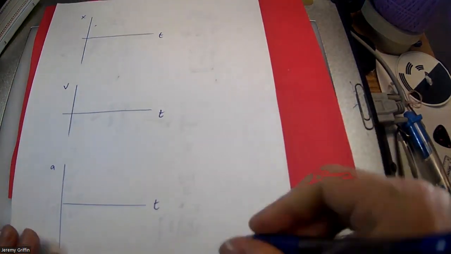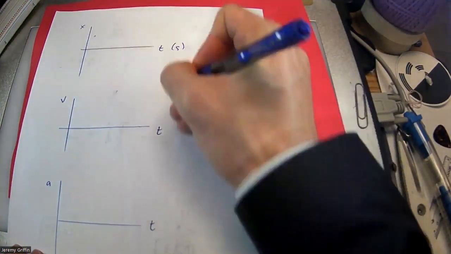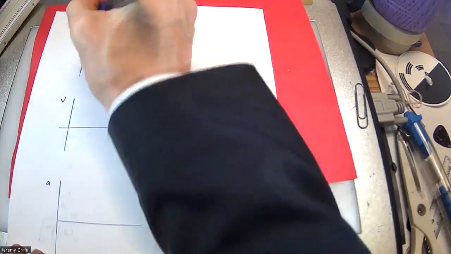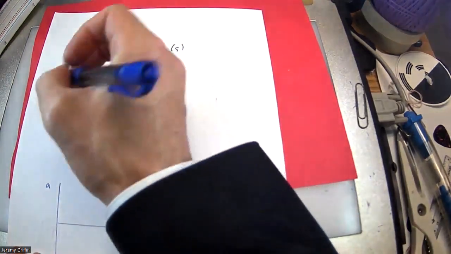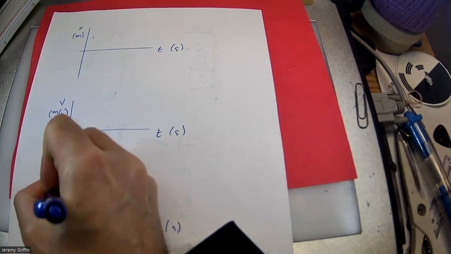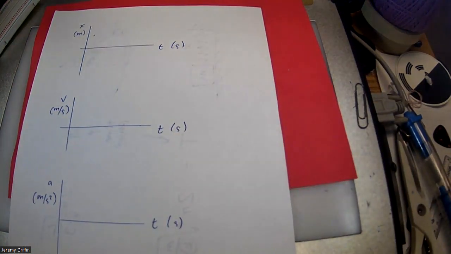So of course, all the times are in seconds. X could be in meters, centimeters, some version of that. V might be in meters per second. A is meters per second squared, some version of that.